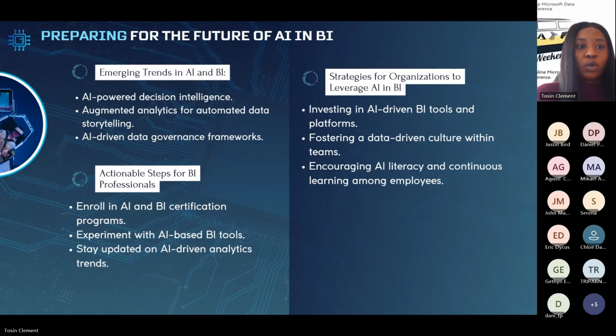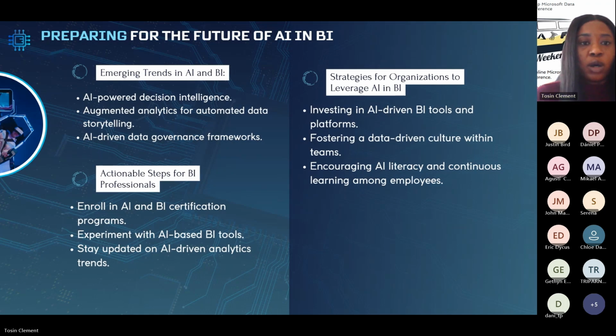So, what is next for artificial intelligence in business intelligence? The future is full of exciting opportunities and possibilities, right? Emerging trends include AI-powered decision intelligence, augmented analytics for automated data storytelling, right?